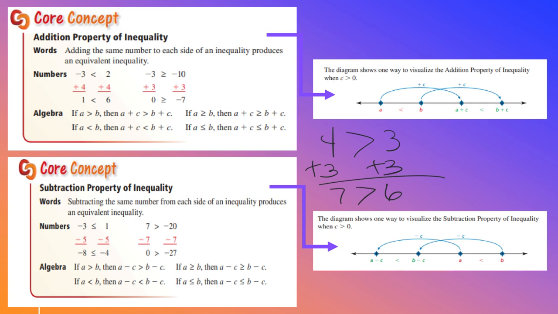Is the expression A still greater than B? And it's going to be vice versa. It also can be vice versa, where A is less than B, and if you do the same thing adding, it will give you the same. So for example, let's do a number less than now. I have, let's say, -2 is less than -3. Is that correct?